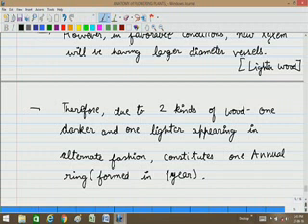Okay. So if we count the annual rings in the tree, we can determine its age.